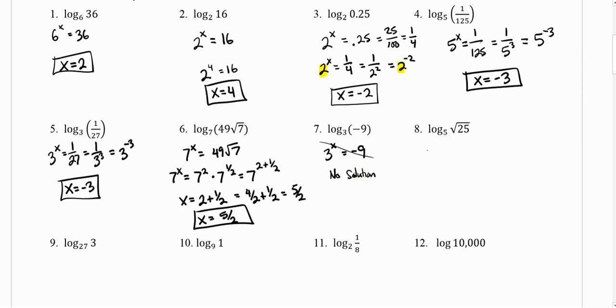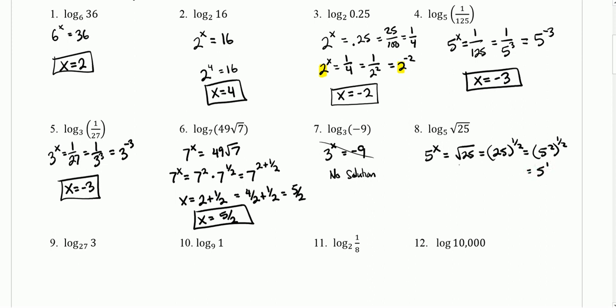Number 8, log base 5 of the square root of 25 is asking the question, 5 to what power is equal to the square root of 25? The square root of 25 is 25 to the 1/2 power, and 25 is 5 squared, still to the 1/2 power, and we multiply our exponents, 2 times 1/2, and get 1, which is 5 to the first power.